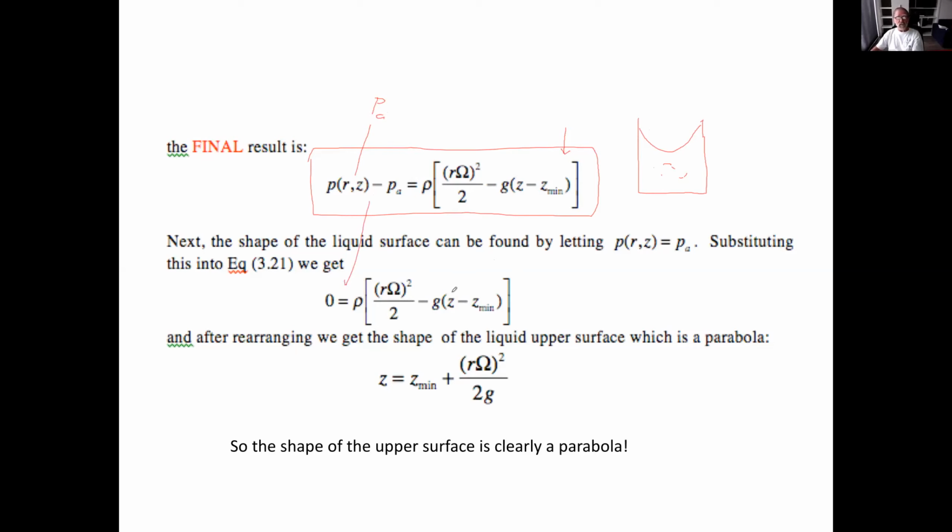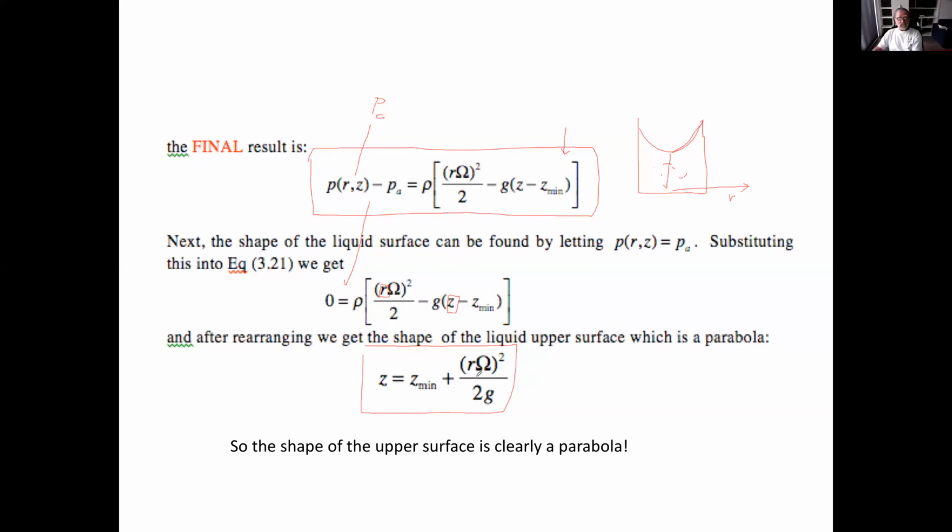We have to solve for Z, which is a function of r, to get the shape of the curve. And this equation has it, and then just doing the algebra, we end up with Z equals Z minimum. So this is Z minimum. And then from here on, it's a parabola going with the square of the radius, which is r, or the radial distance. Very, very simple, divided by 2g, and that's what it is.